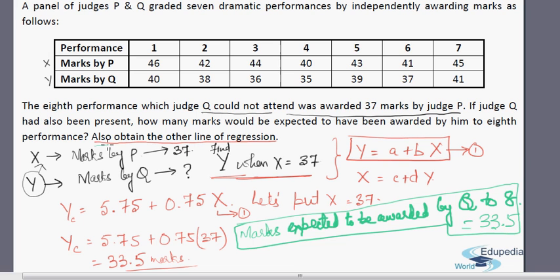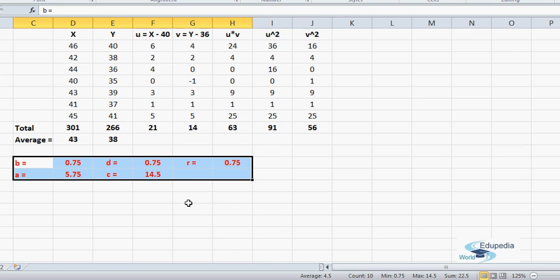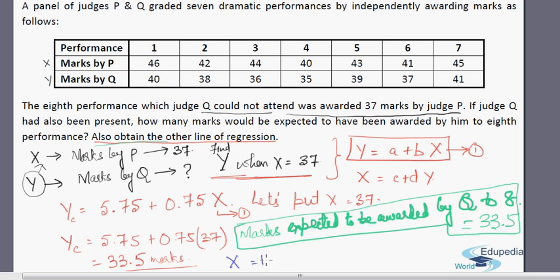And then they're asking you to find the other regression line. We have the data for the other regression line also, and the second regression equation, which is for x, will be equal to C. What was the value of C? C is 14.5, so x will be equal to 14.5 plus 0.75 y.